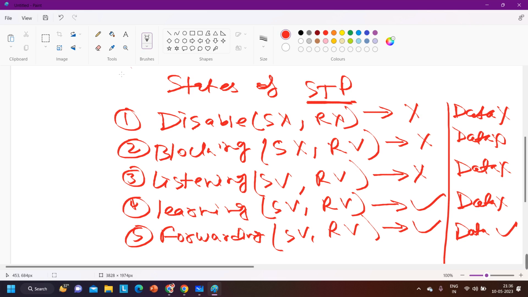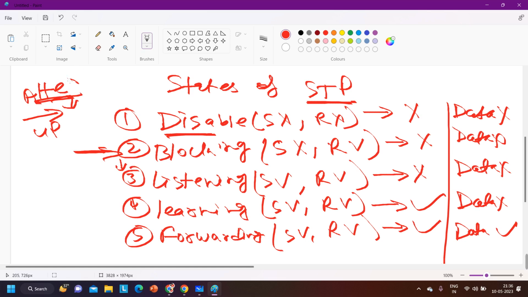Is it clear, guys? Whenever a switch comes up, first of all it goes in which state? Disable state. After that it goes into blocking state. A port whose role is alternate will be stuck in this state. Only those ports whose role is designated or root will move from blocking to listening.